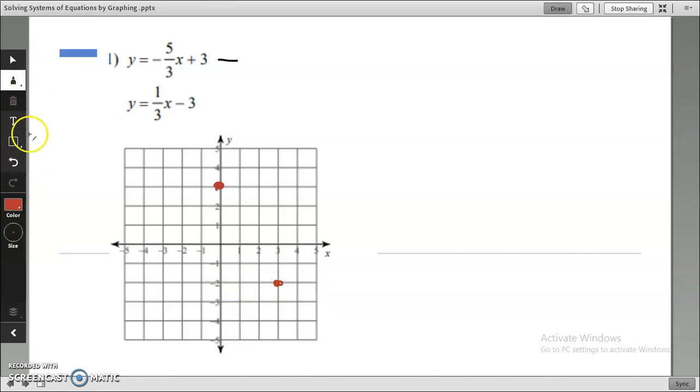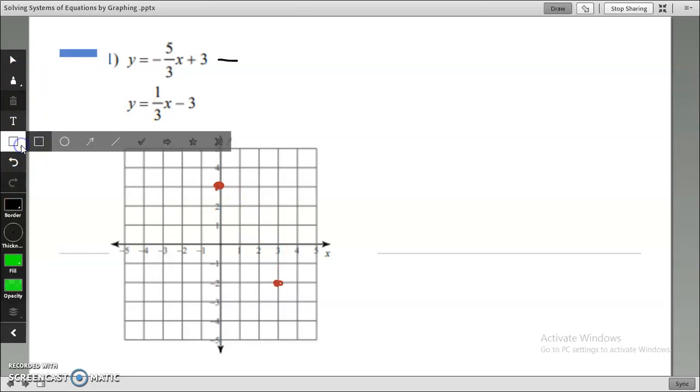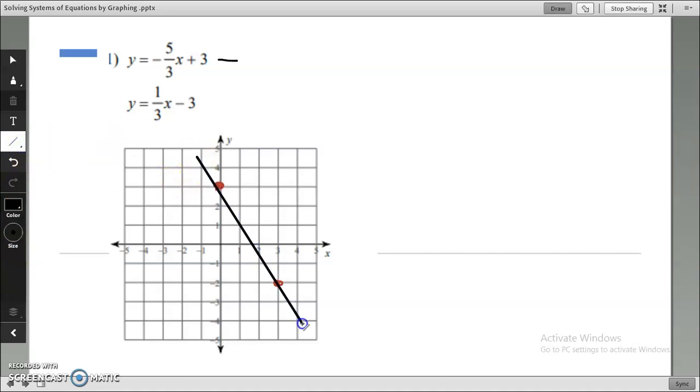And so then when I use my line, I need to change the color of my line though. There, I have it there. It's black. I apologize, I wasn't able to change it. I'll try to change it for the next one.